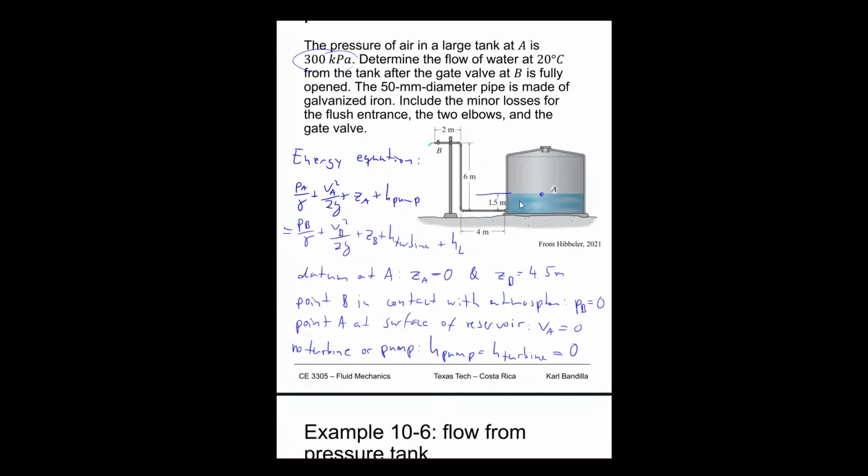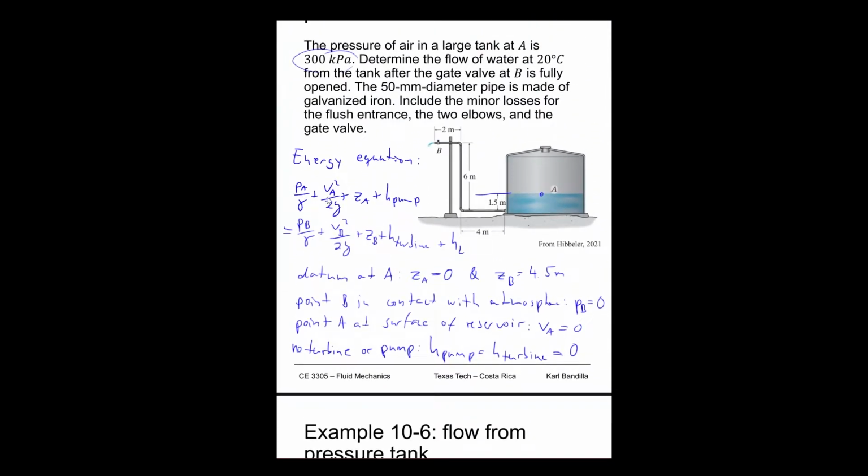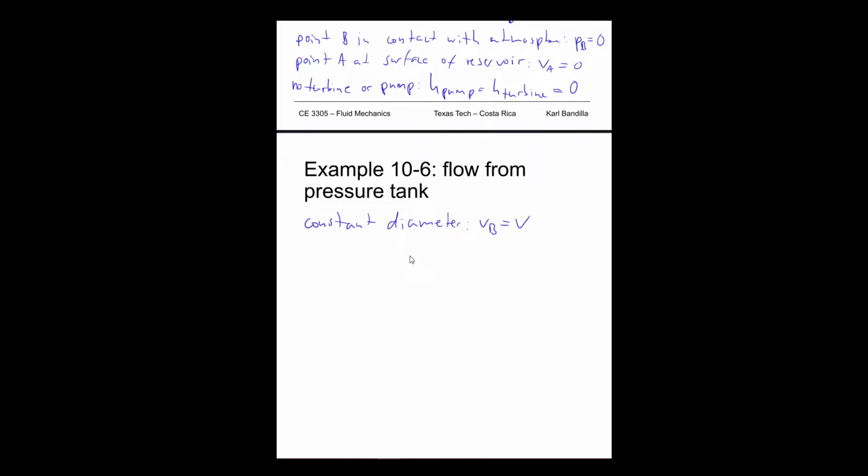Except, of course, inside of the reservoir, but that's fine. We don't have any losses there. So that means we've talked about the pressures, velocities, the elevations, and the shaft work. So all we're left with is HL.